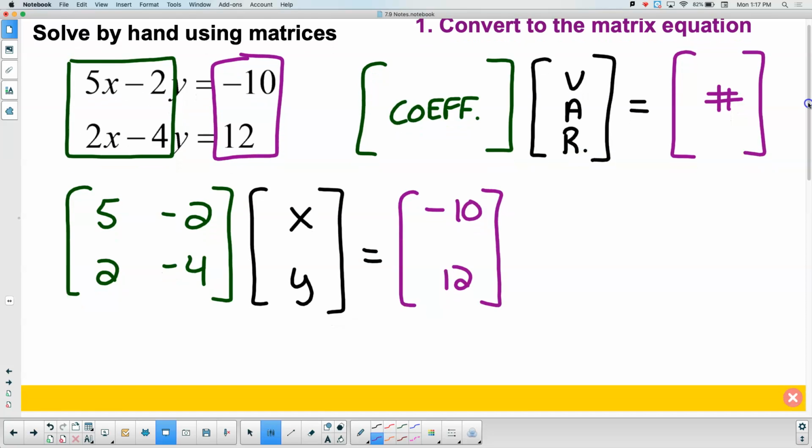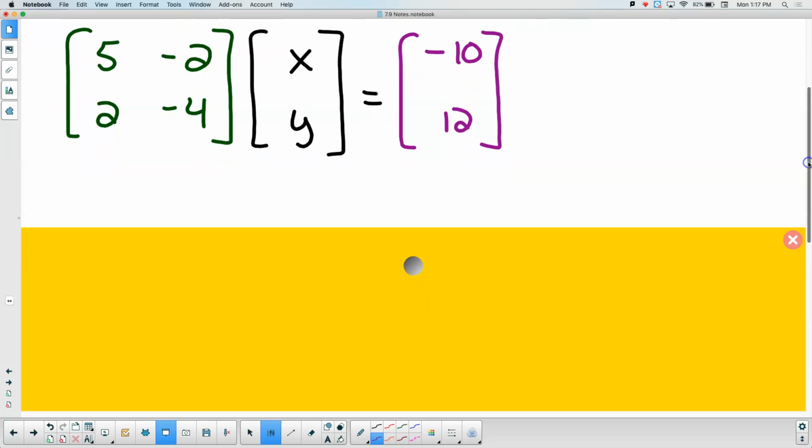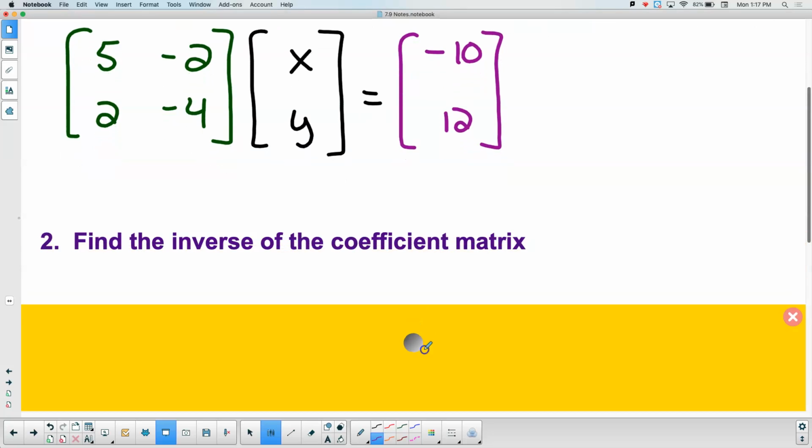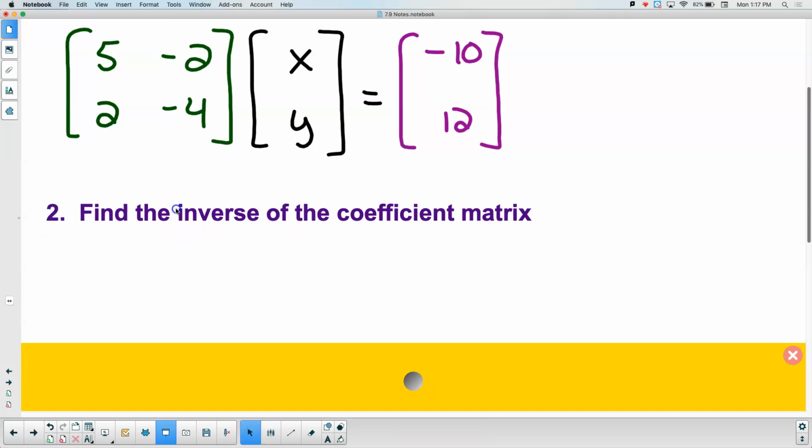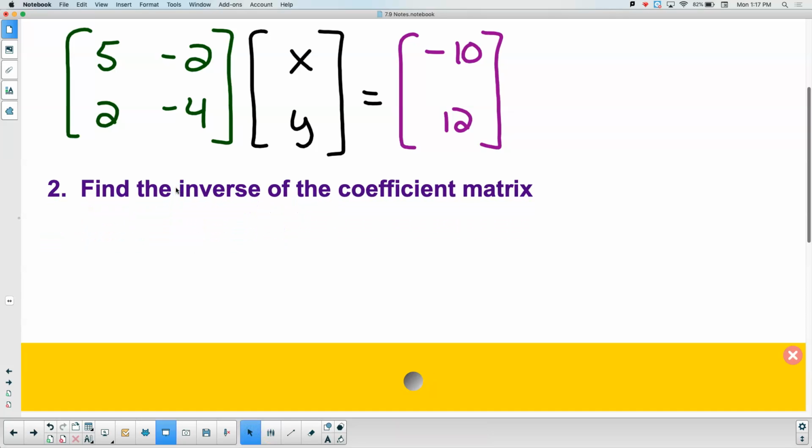Next, after you've got this equation, you are going to work the inverse of the coefficient matrix. The coefficient matrix is that first dark green matrix, 5, -2, 2, -4.